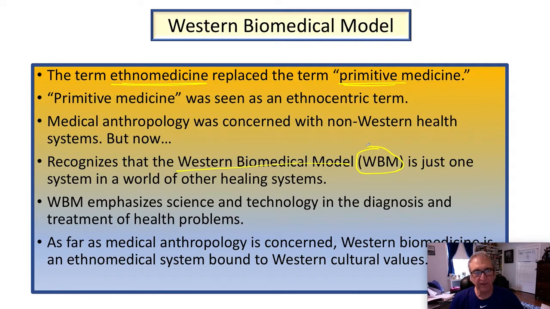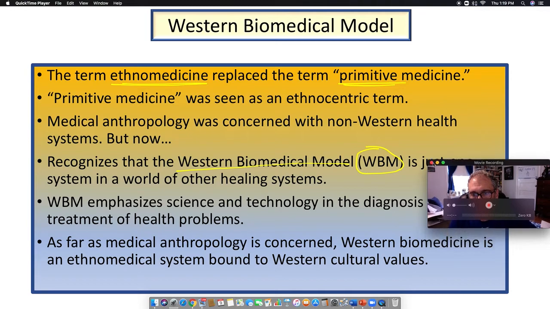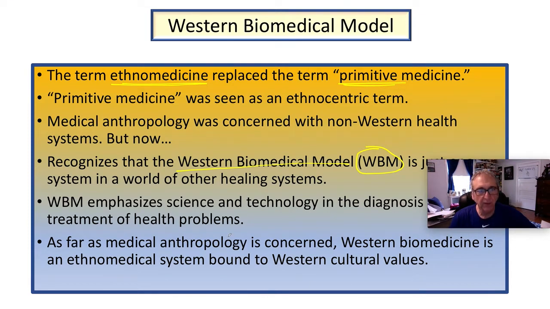Western biomedicine emphasizes science and technology in the diagnosis and treatment of health problems. I've got to move myself out of the way here for a second so you can read this. As far as medical anthropology is concerned, the Western biomedical model is an ethnomedical system.